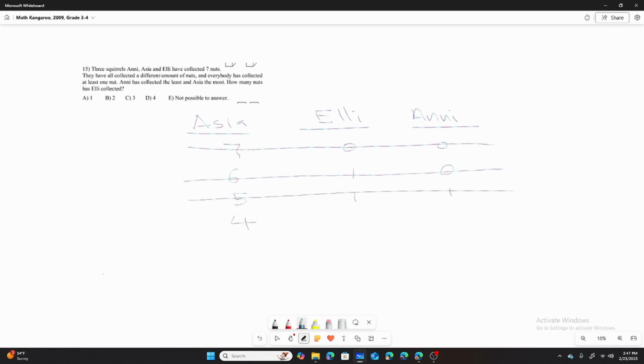Suppose that Asia collects 4 nuts. That means that there are 3 nuts distributed between Ella and Annie. So 2 and 1. This would work. In this case, you have 3 squirrels. They collect different amounts of nuts, 4, 2, and 1.